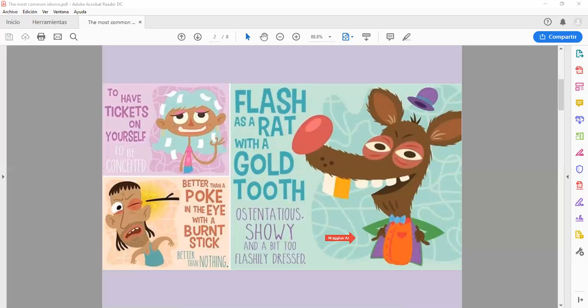I was wearing a blue blouse with my school uniform waistcoat, and also a pair of enormous orange earrings. And everybody was looking at me at a glance. So I guess that I flashed as a rat with a gold tooth.